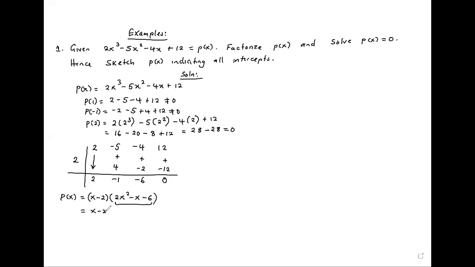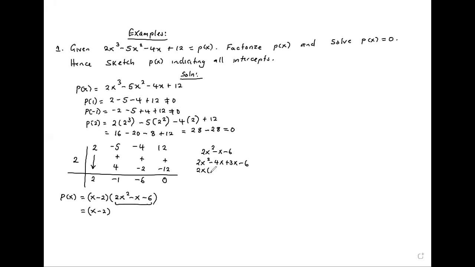So x minus 2. Maybe we can do it from here. 2x squared minus x minus 6. The product is 2 by negative 6, which is negative 12. So we can use negative 4 and 3 to give us negative 1. So we have 2x squared minus 4x plus 3x minus 6.